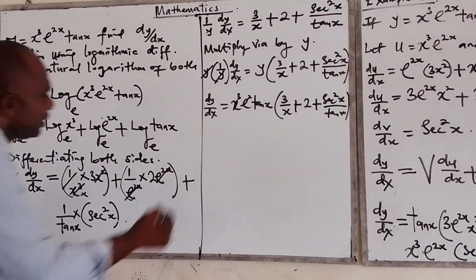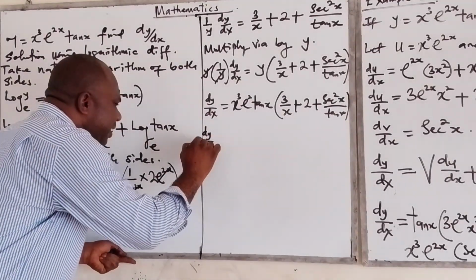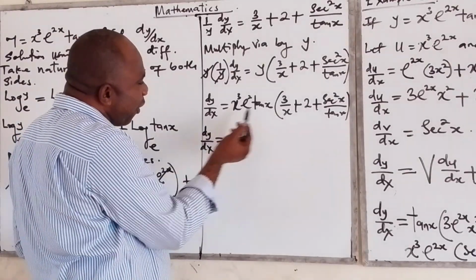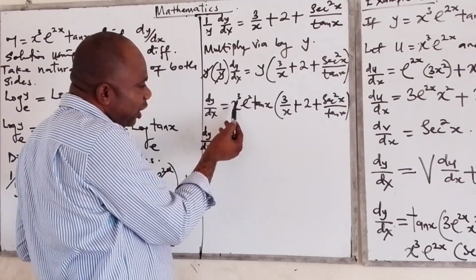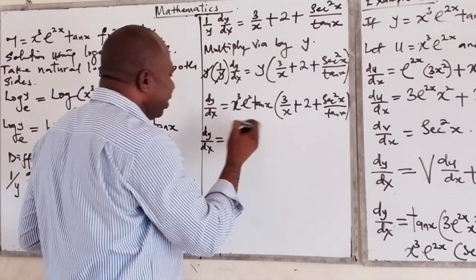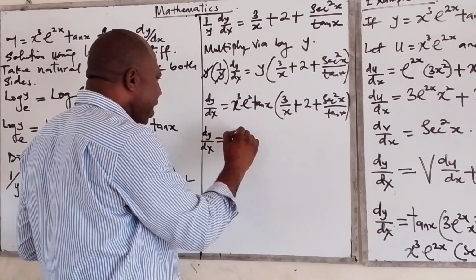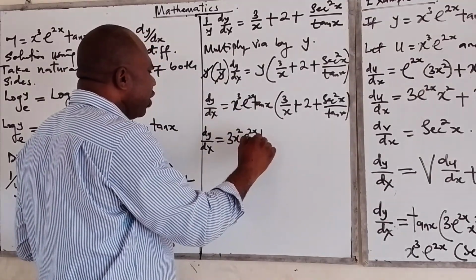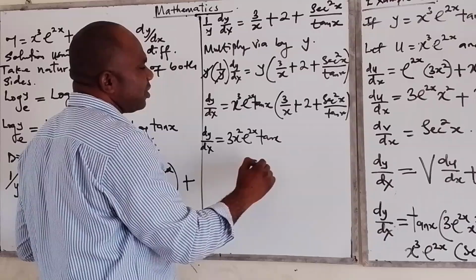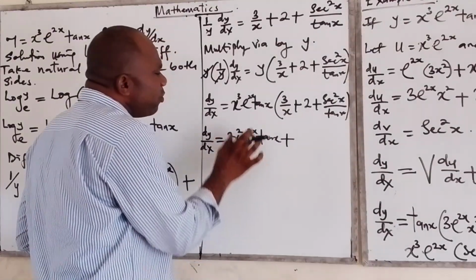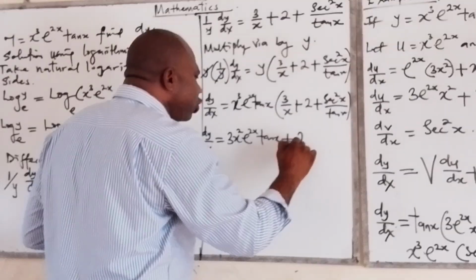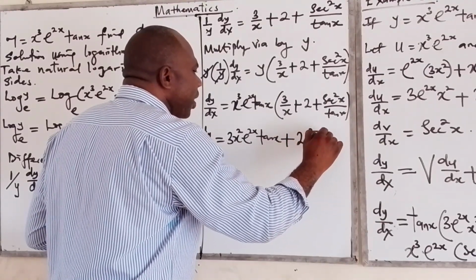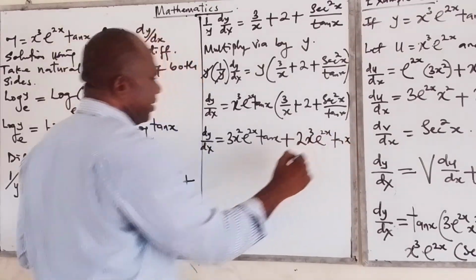Now looking at this, dy/dx will be equal to, when you multiply this x here, it will cancel one of these x. So here you'll be left with x squared. So times 3, we have 3x squared, e raised to the power of 2x, then here we have tan x. Plus, if you multiply this by 2, you have 2x raised to the power of 3, e raised to the power of 2x, tan x.